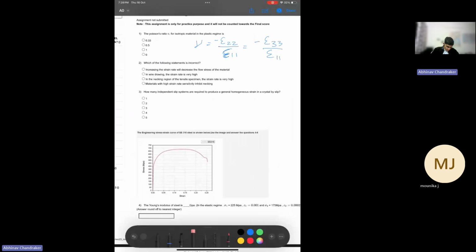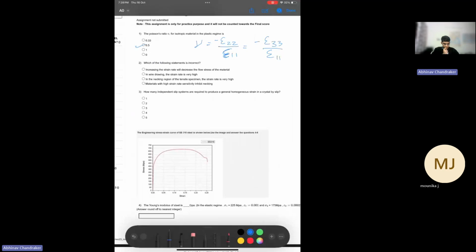For metals, it's usually around 0.3, but if it's the ideal isotropic material, it will be 0.5. Yeah, it is 0.5 for isotropic materials.